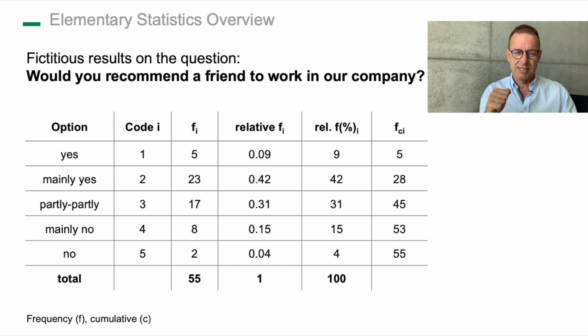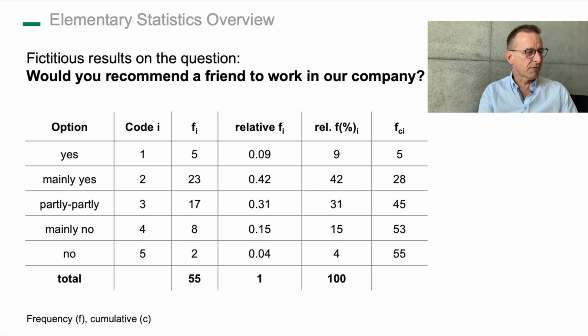In the third, partly, we simply add the 5 plus the 23 plus the 17 of partly, and we end up with 45. This is cumulative. So it is the category it is all about, plus all those categories underneath. And the last category, in this case the no, is 55, which is the total number of all respondents, right?